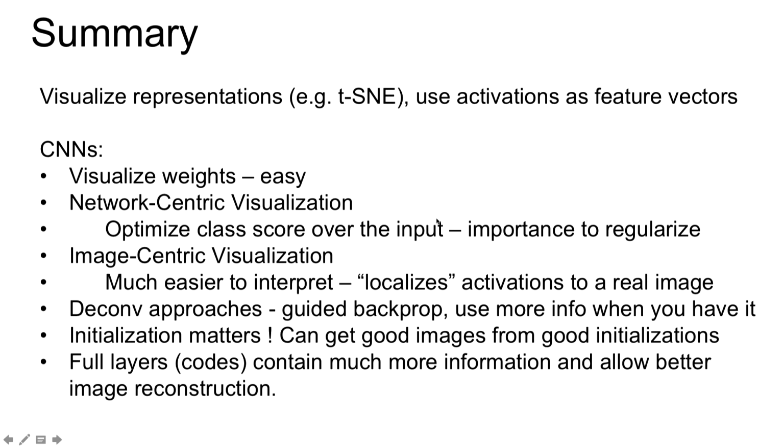We looked at image-centric visualization, including masking out parts of the image. Network-centric visualization, at first we were looking at optimizing images to maximize an activation or an output class. We found, though, that can lead to very high-frequency, hard-to-interpret images, so it's important to regularize them.